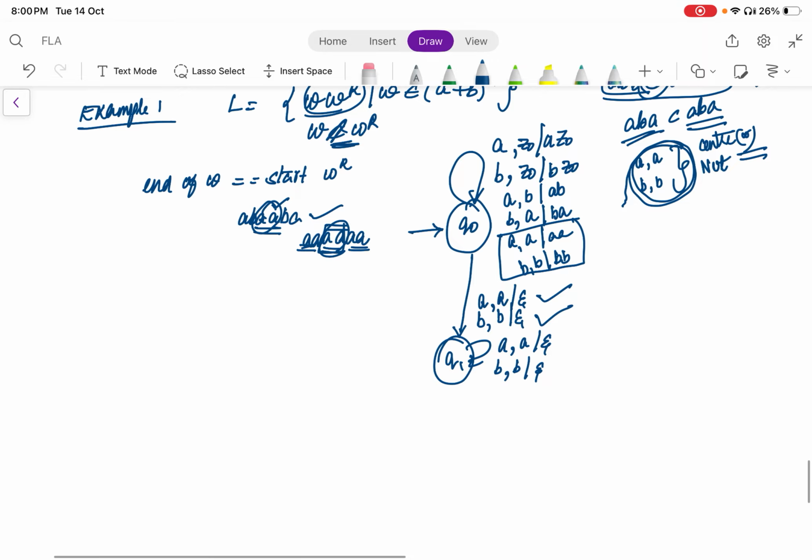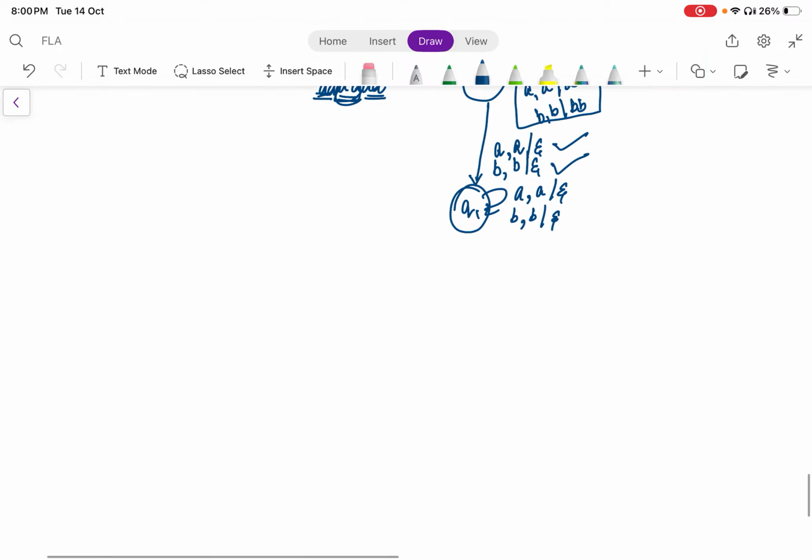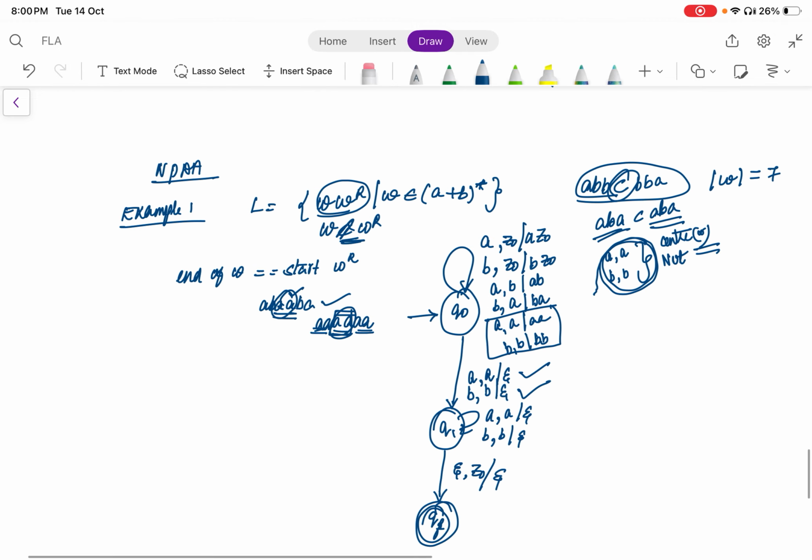Then you would have reached the end of the stack. Your last input would be epsilon, the stack would have the initial stack symbol Z naught, and you pop that also. So this would be your final state. This is your non-deterministic pushdown automata.